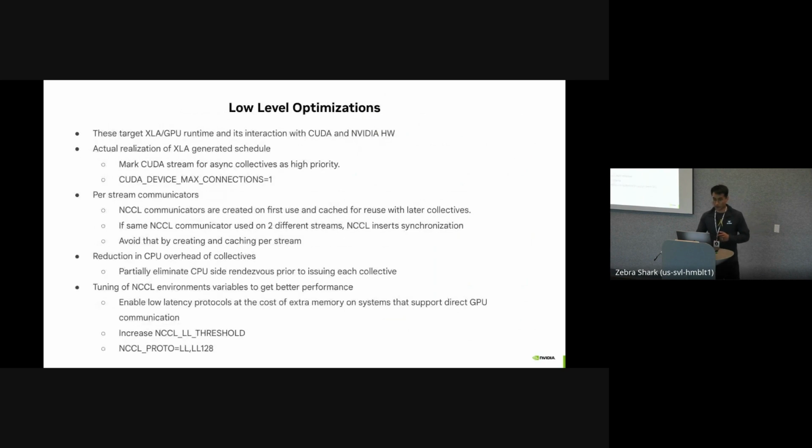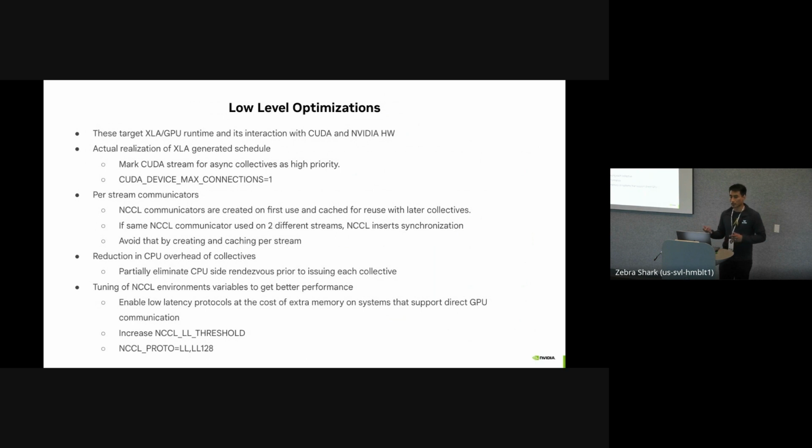And we have also done a lot of low-level optimizations, specifically targeting the NVIDIA platform. We need the GPU to execute the kernels in the exact same order we define in the schedule. So we have changed the stream executor API in XLA to take priority as input, and we assign the highest priority to all the async streams, so that we start communication as early as possible.